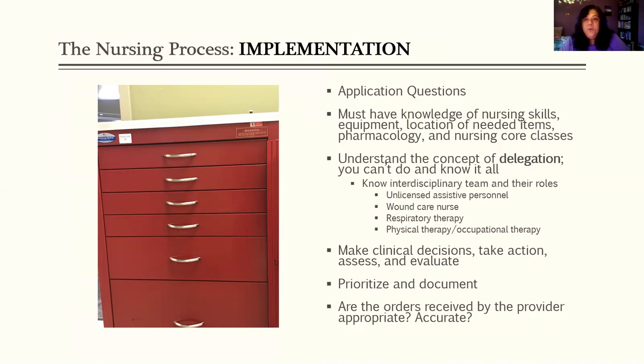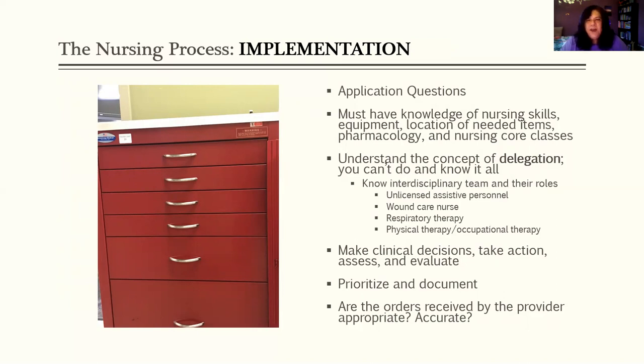I can't go looking for them, because remember, this whole nursing process can cycle quickly or it can be slowly. Now, if it's cycling quickly, that means I need to get stuff when I need it. So that picture right there is a code card. So if you hear code blue, you better know where your code card is, because that is what's going to help you save someone's life.